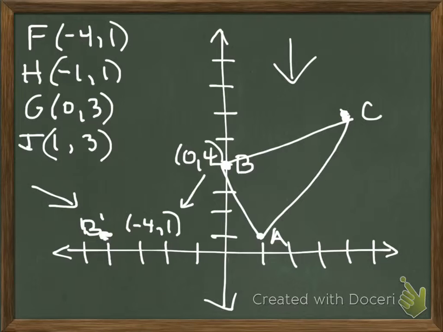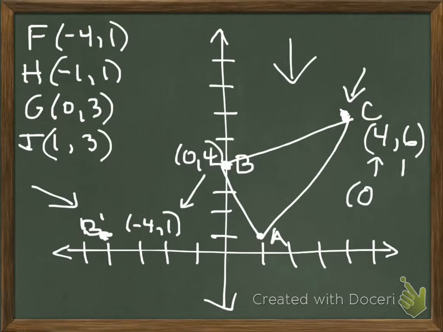So if we go to letter C, which is here, letter C starts at 4, 6 as its original position. For the x value, we go to the left 4 spots, so we subtract 4 from 4 and you get 0.